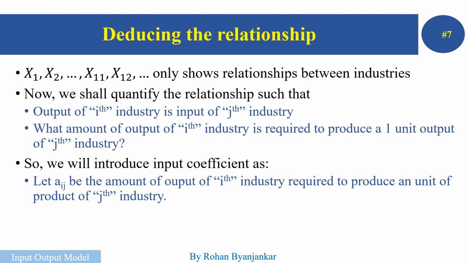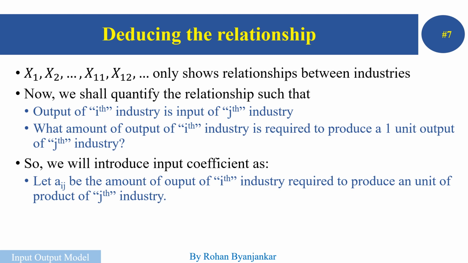So now, following the relationship topic, x1 and x2 are the total output, and x11 and x12 are the intermediate transactions between them.